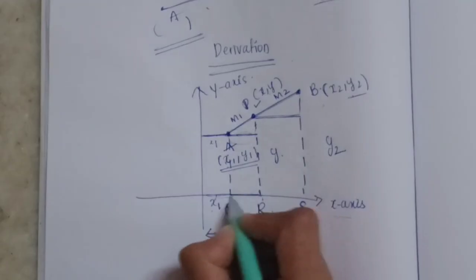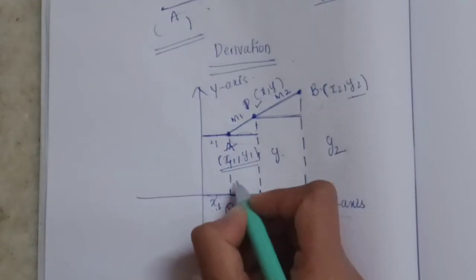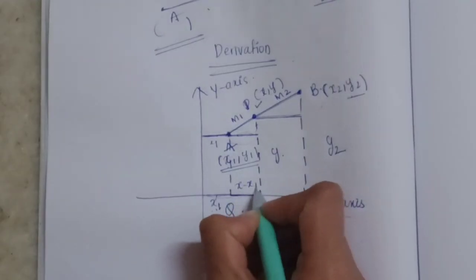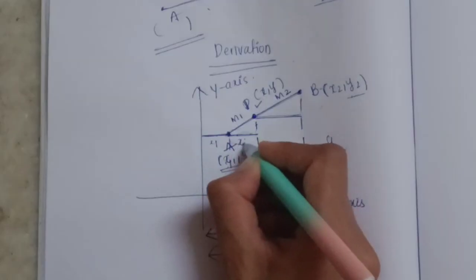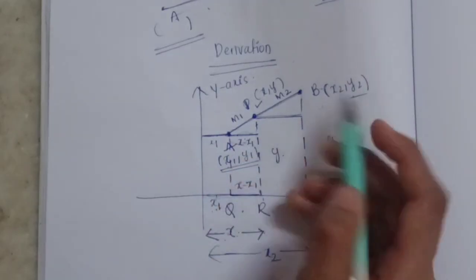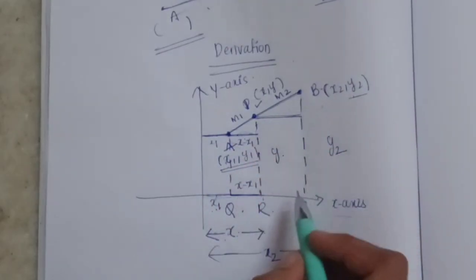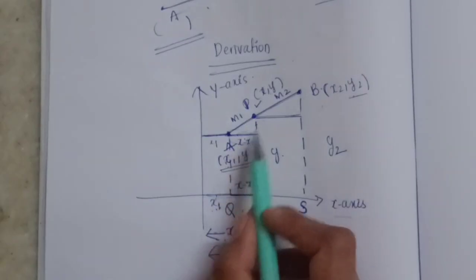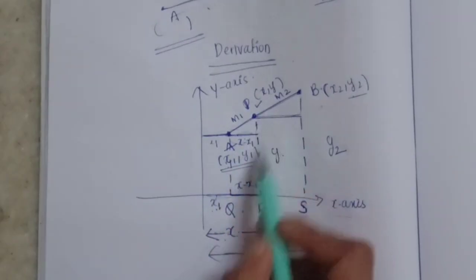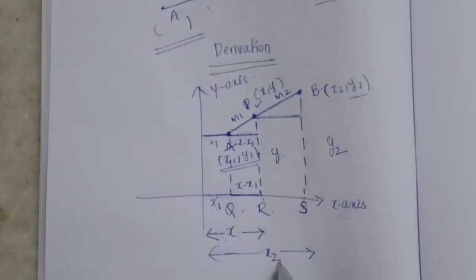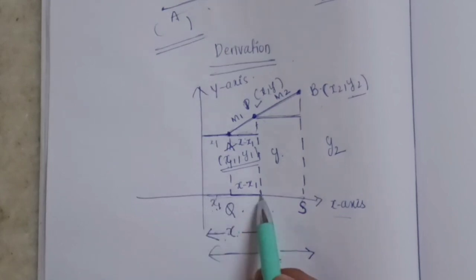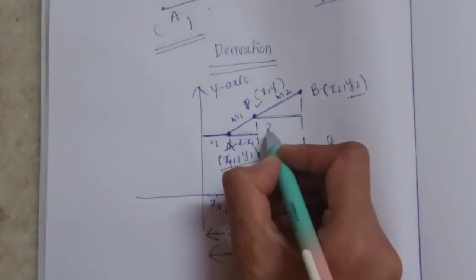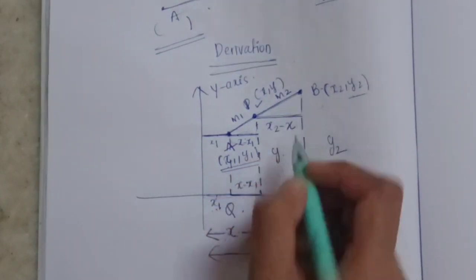So this length becomes whole length minus this length, x minus x1. Then the same here. The whole length is x2, and this length is x, so this length becomes x2 minus x.